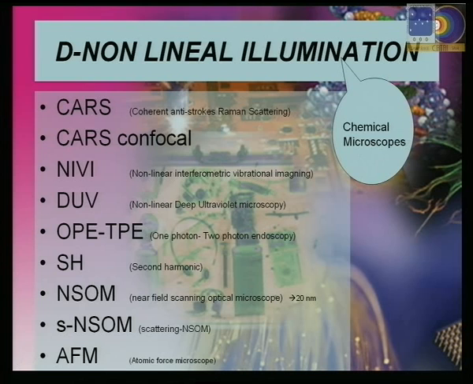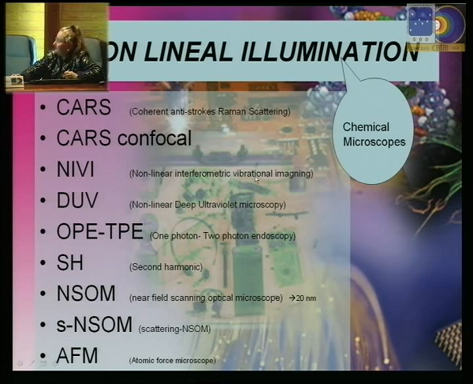Nonlinear illumination means that the incident light is different from the light that you receive, it is non-linearly received. And you have CARS, coherent anti-Stokes Raman scattering, CARS confocal, nonlinear interferometric vibrational imaging. Those things detect the vibration of the molecules. So in fact, they are chemical microscopes, not really imaging microscopes.